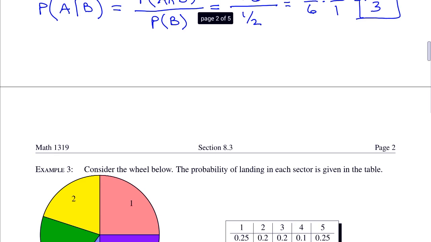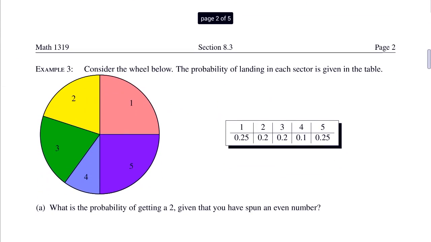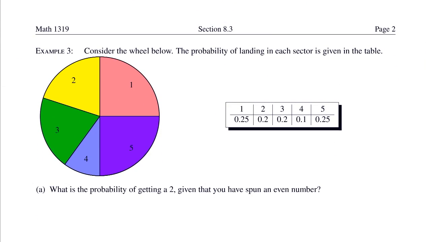All right. Example 3. Consider the wheel below. The probability of landing in each sector is given in the table. So you see how the wheel is not evenly spaced, so the equally likely assumption does not apply here. The different sector sizes give us different probabilities: a quarter probability that you'll land in a 1, 0.2, 0.2, 0.1, and then 0.25.